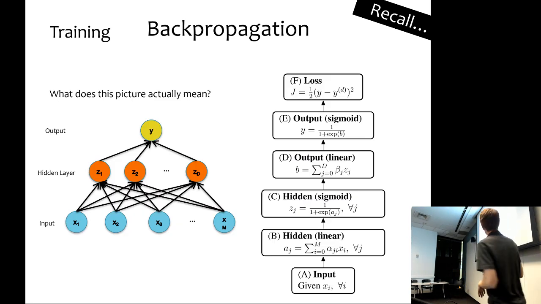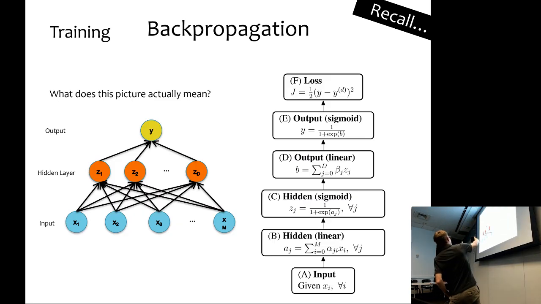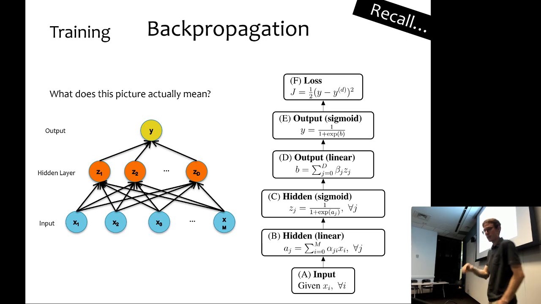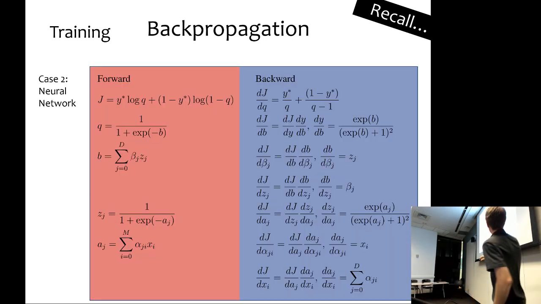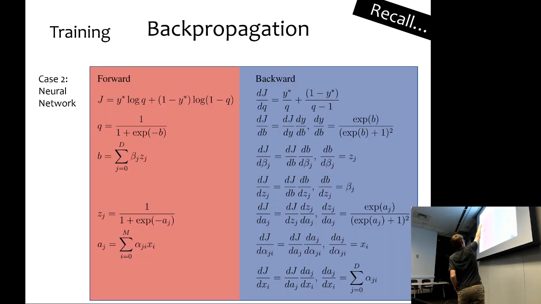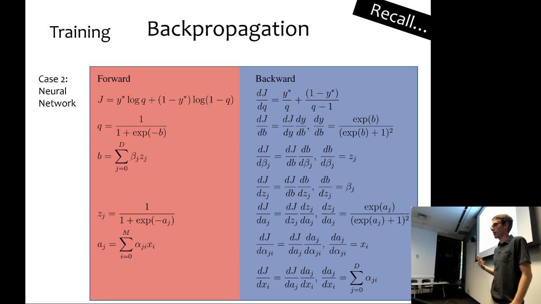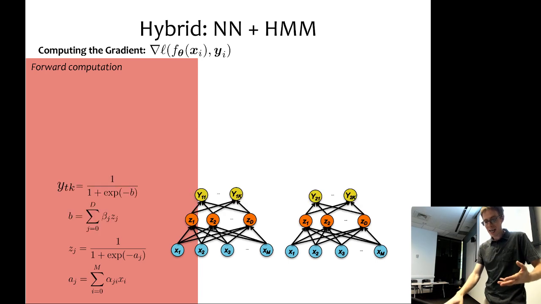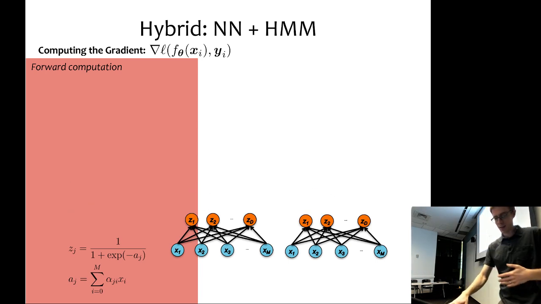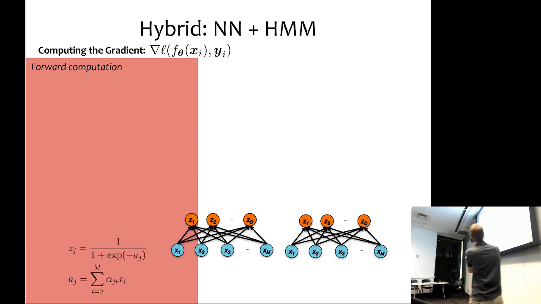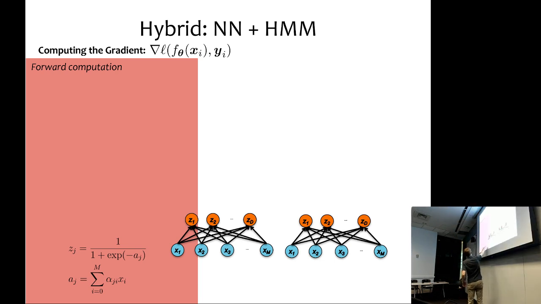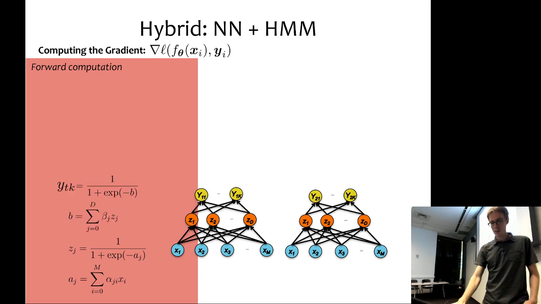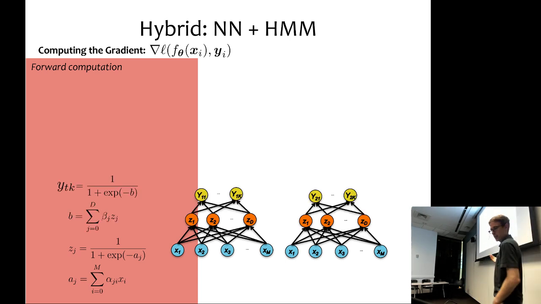And just in case you forgot, this is a simple neural network like the one that Bengio was using, and it also has some forward computation and some corresponding backward computation that allows you to backpropagate gradients through it. So in the end, what do we get? The neural network builds up from the bottom. It takes some x's as inputs, which gives us our first hidden layer of z's, and then we use the z's to compute our y's.